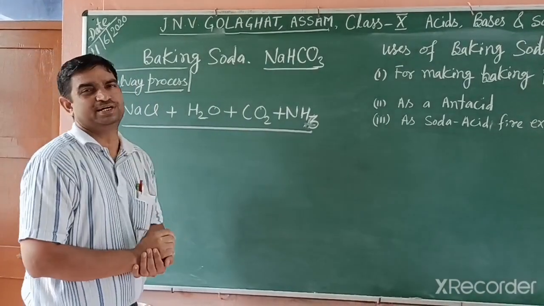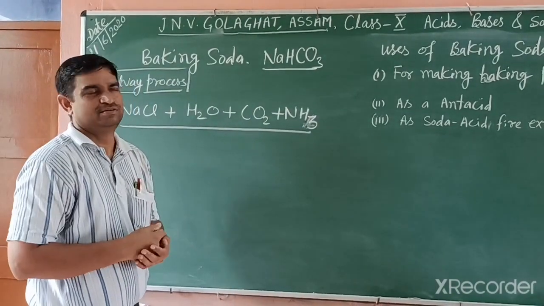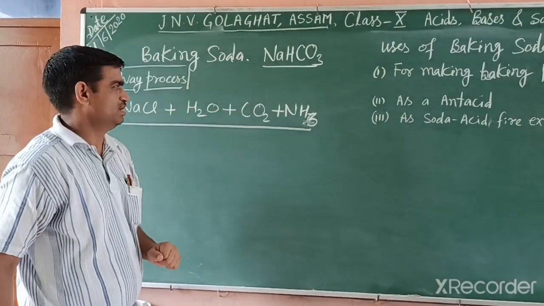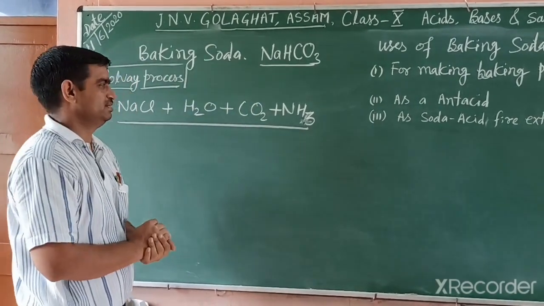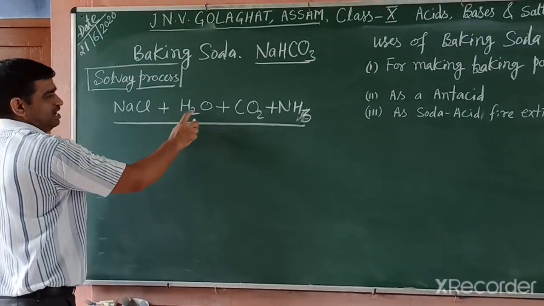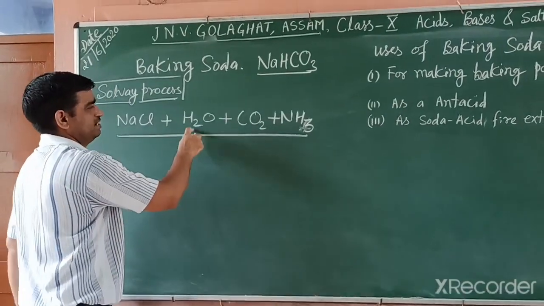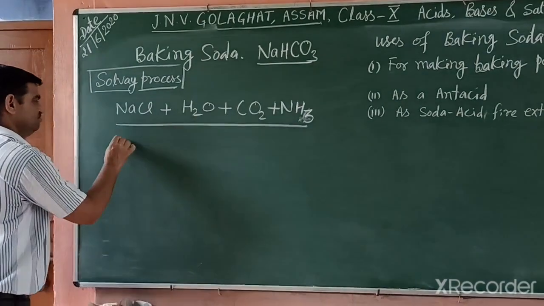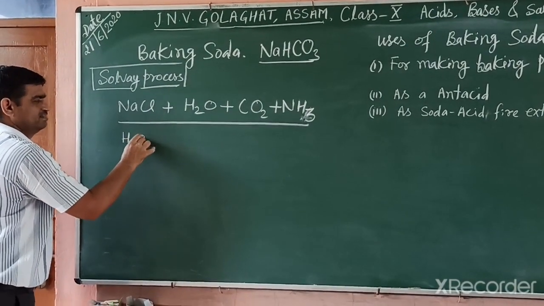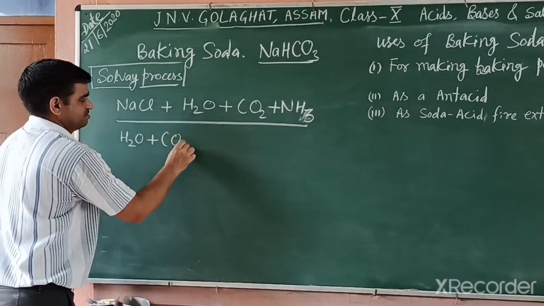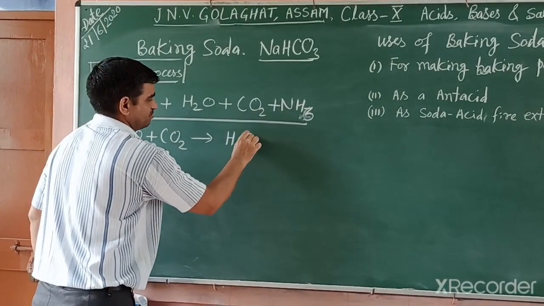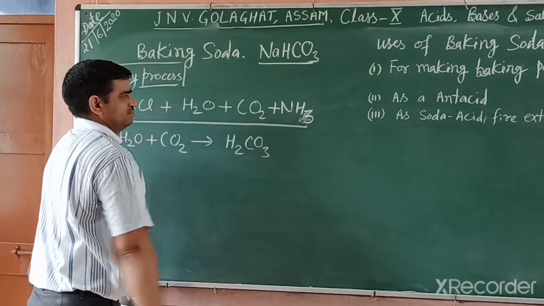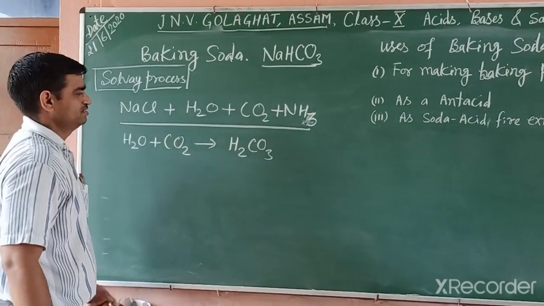So how will they react? How does it change into baking soda? We explain it slightly in this reaction. At first water and carbon dioxide combine and form an acid, that is carbonic acid.